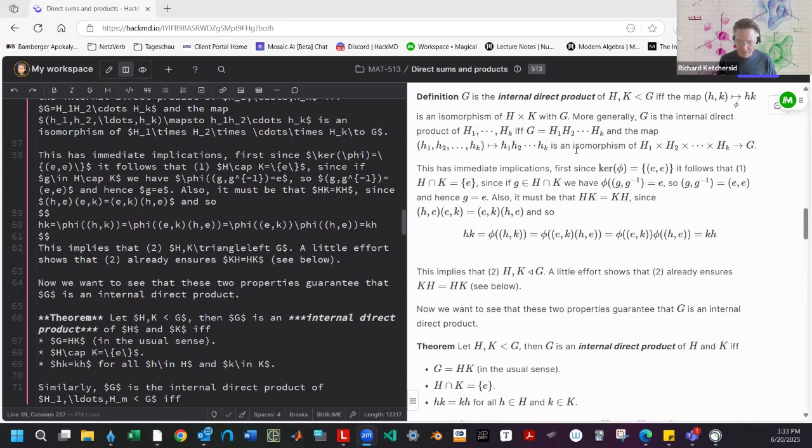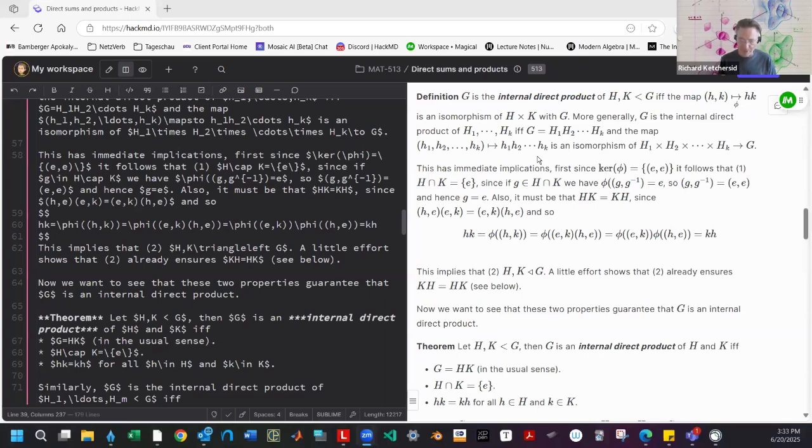So we need something going on in order to get this, right? And really important is that, just as we mentioned above, this H and K, if it's going to be equivalent to an external product, H times K has to be K times H. Well, there's no reason inside a G that would be true if it's not abelian, right? So that's something we need to have happen if it's going to be isomorphic to a direct product.